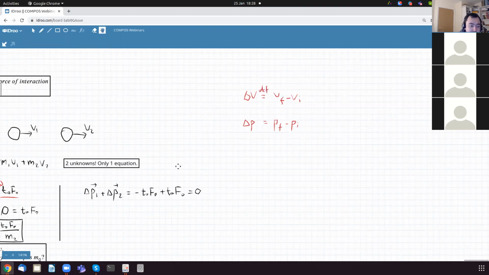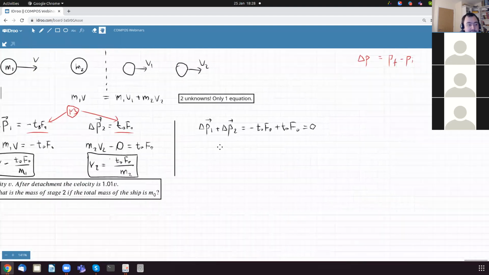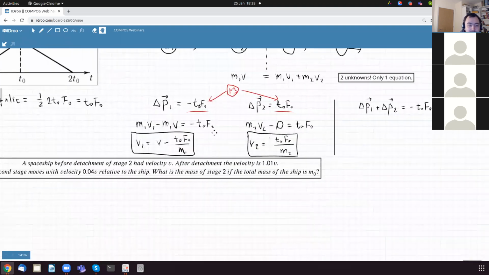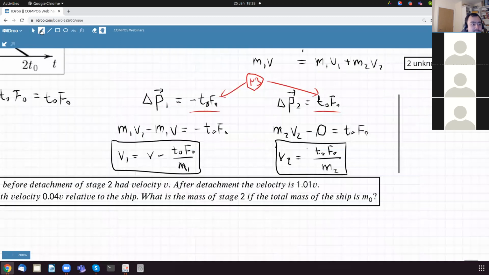Whenever you see delta, you need to think of it as final minus initial. So should I write this down here just as an extra thing? P1 final minus P1 initial, P2 final minus P2 initial. Okay, I'm sometimes losing the arrows because at some point I'm just making projections.